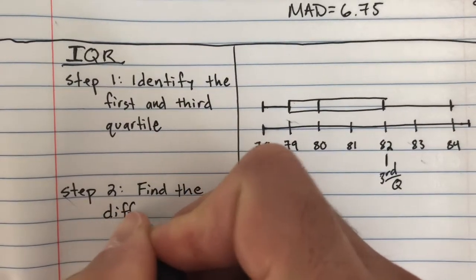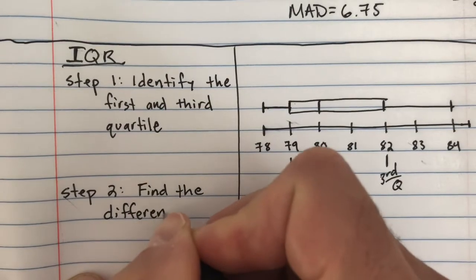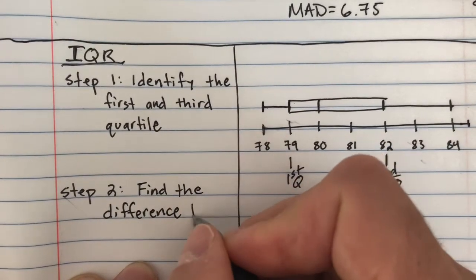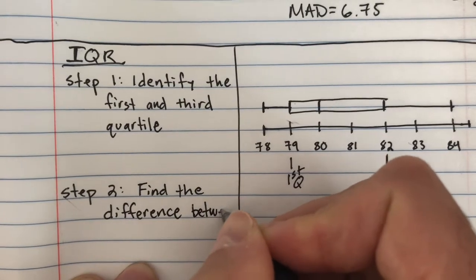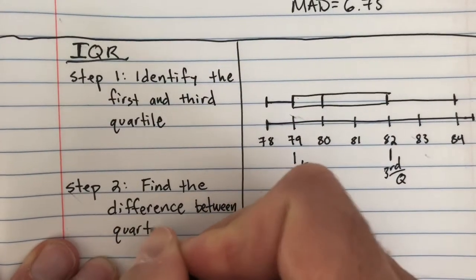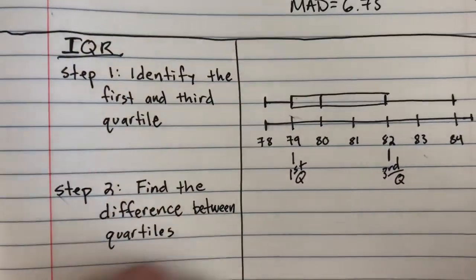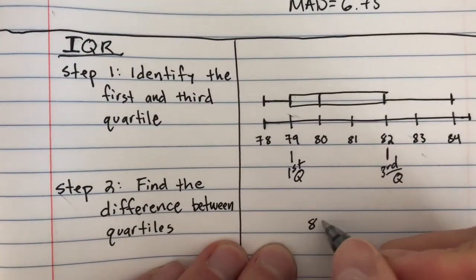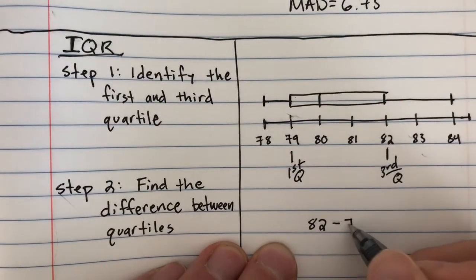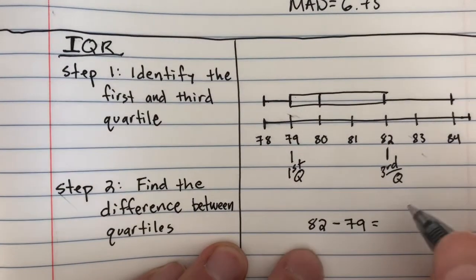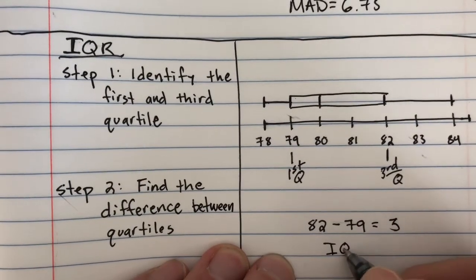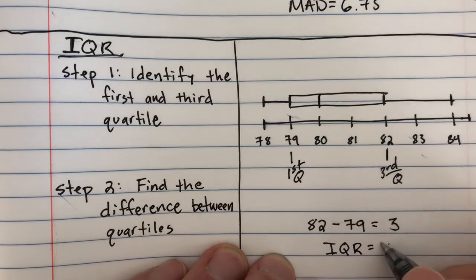Remember, difference means subtract. The answer to a subtraction problem. Find the difference between quartiles. Right, so we're going to take 82 and subtract 79. And I get 3. So that means my IQR is equal to 3.